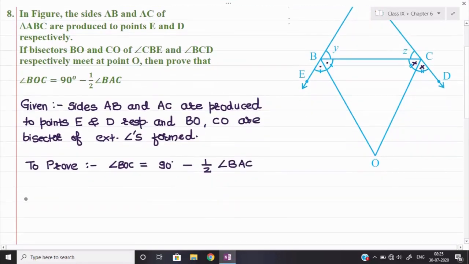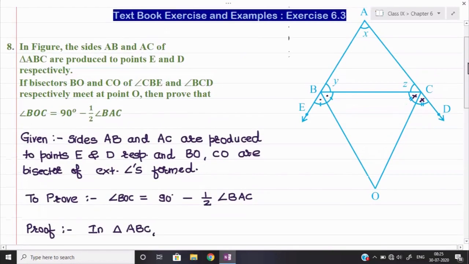So in the proof, first of all, I am going to apply the angle sum property of a triangle in triangle ABC. Now see, in triangle ABC, which three angles do I have?